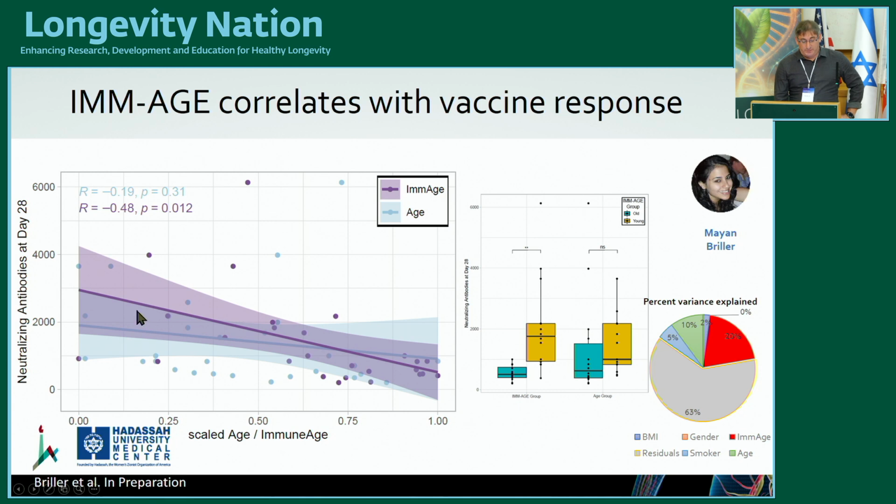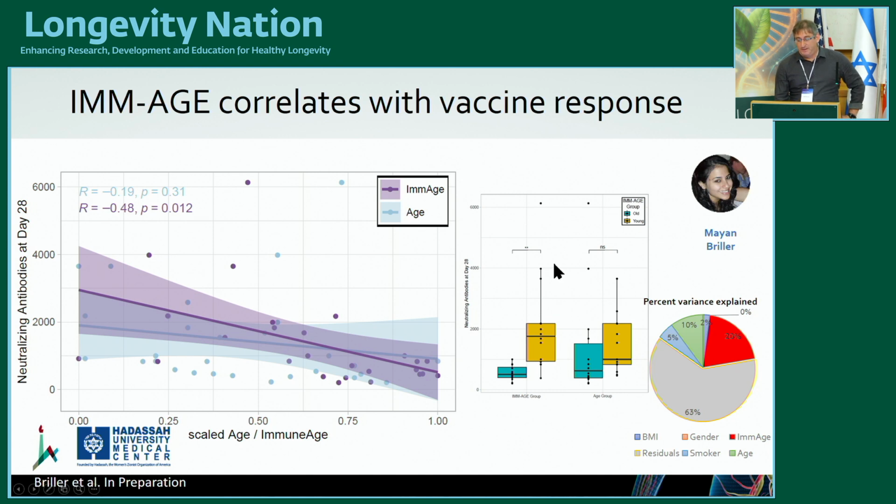And here are two plots from the study. On the left-hand side, you can see the neutralizing antibodies for the COVID vaccine. When we model it with chronological age, or with immune age, immune age predicts neutralizing antibodies much better than your chronological age.